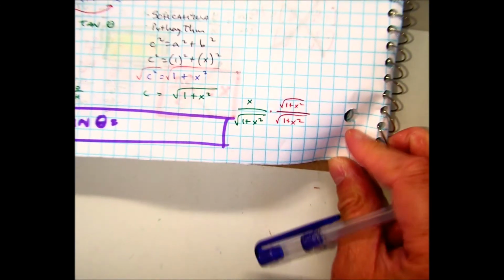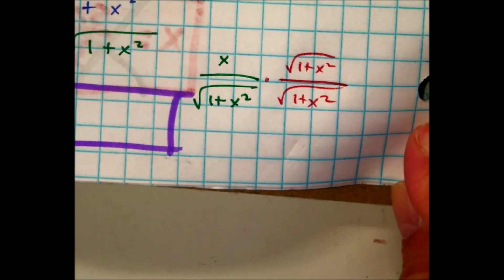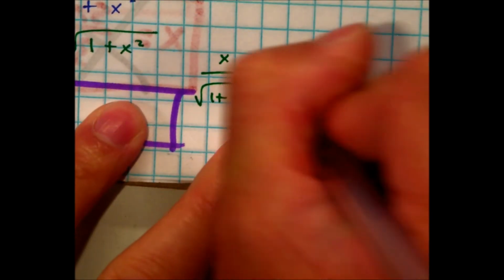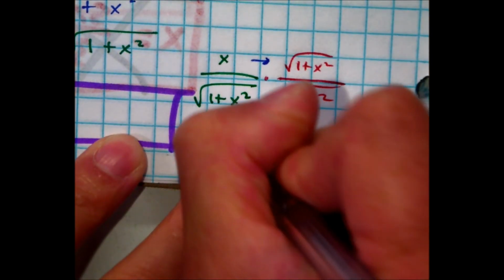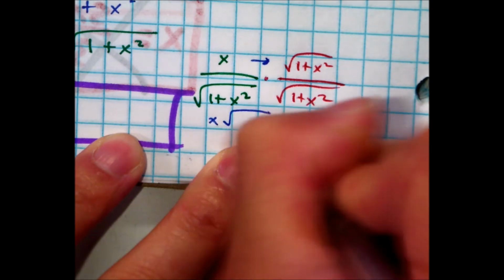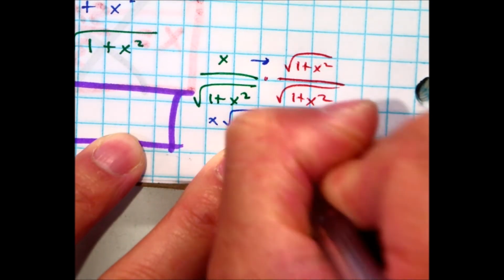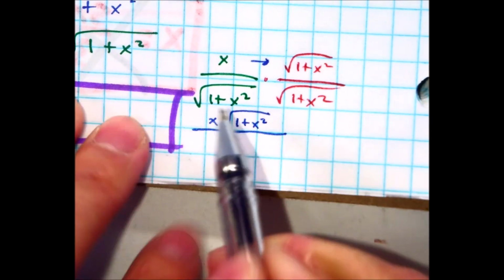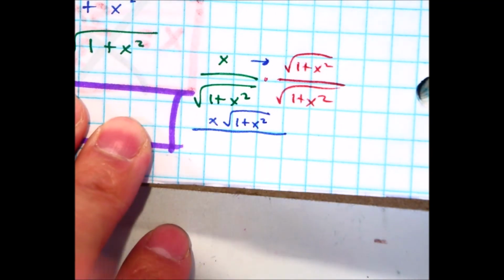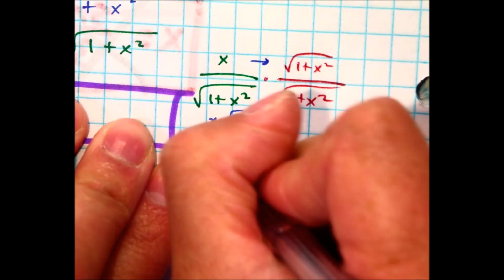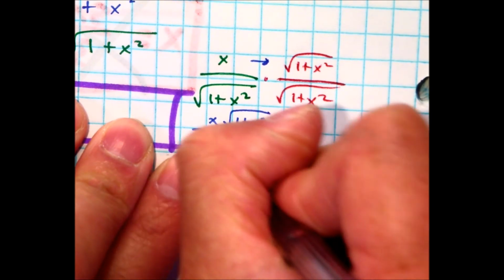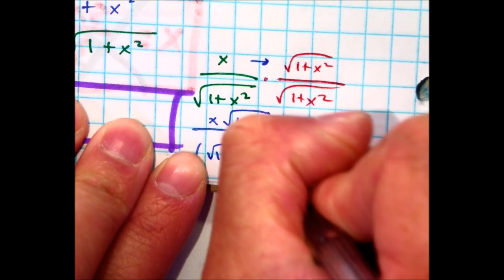Zoom in over here. So if I multiply across here, I get x times 1 over x times the square root of 1 plus x squared. And here, when you're multiplying, don't think expand, you just think you have two of these identical expressions, 1 plus x squared.